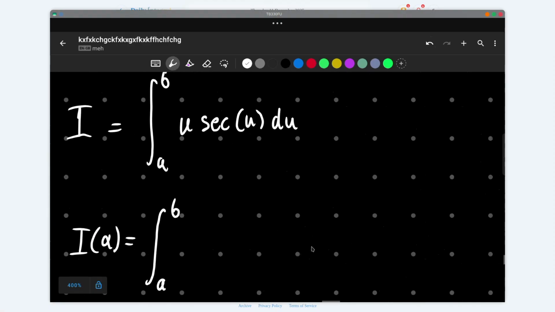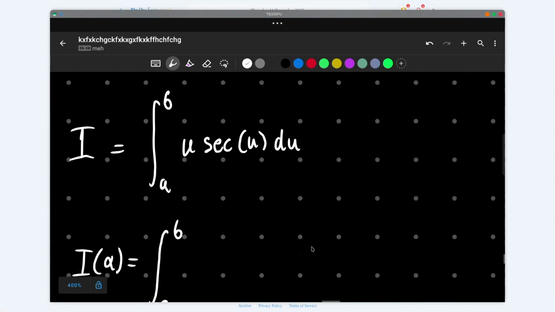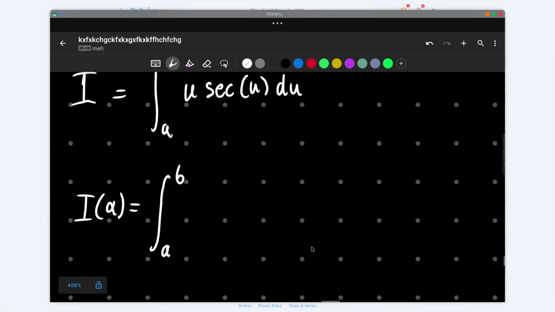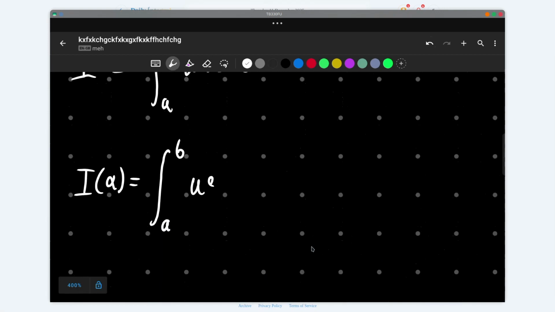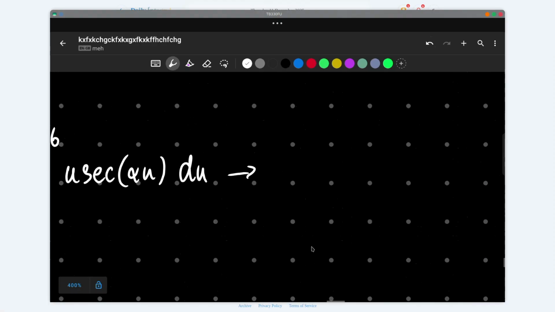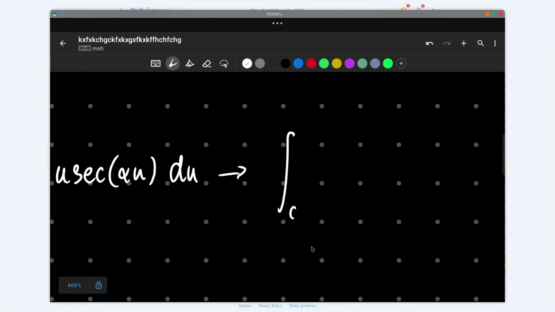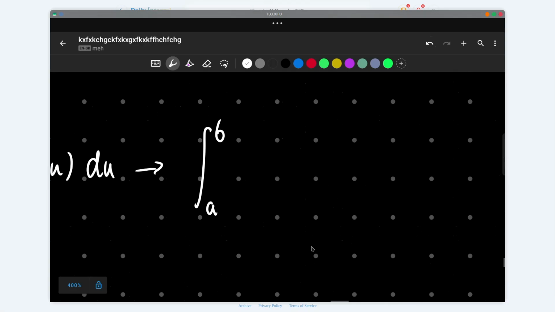Like where the parameter would be. Unless they want. But that feels wrong. Would I even do anything? Tan u sec squared u. No. I doubt that does anything.